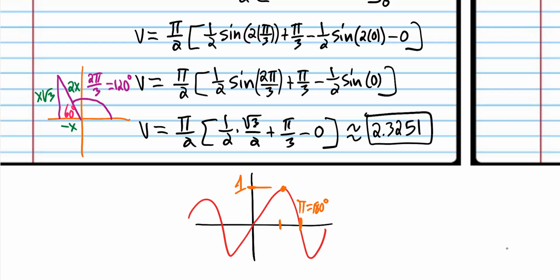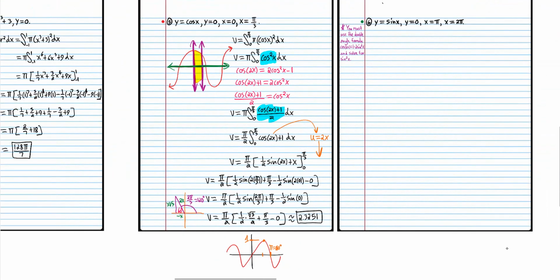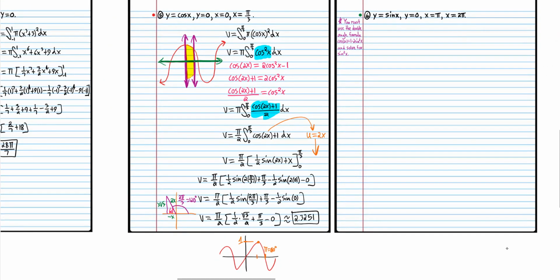So there you go, 2.3251. So we had to use a trick there in that problem. We had to convert cosine squared x to cosine 2x plus 1 over 2.